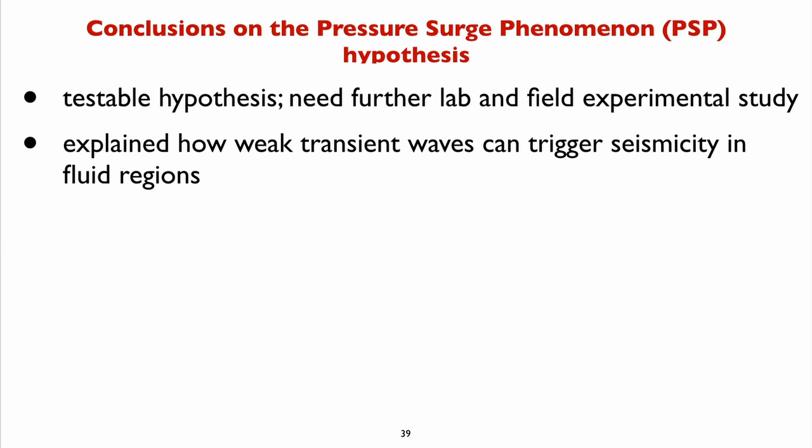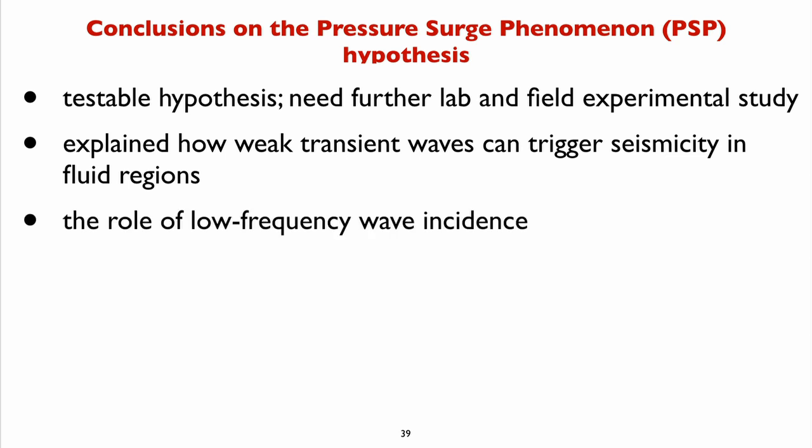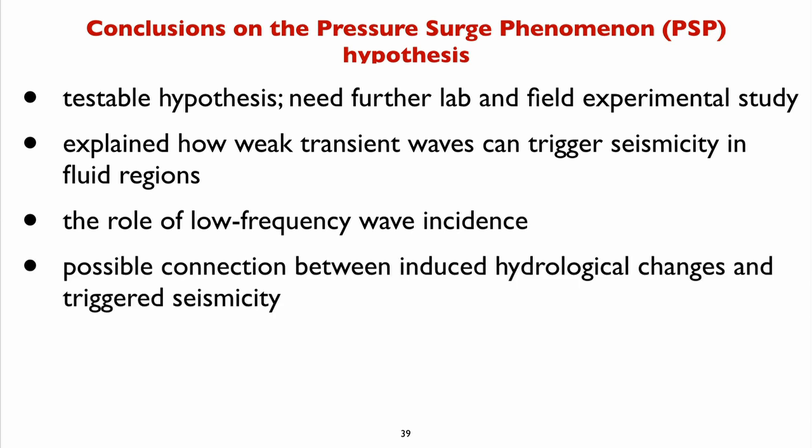It explains how a transient wave can trigger seismicity in fluid regions, and it also shows there's a frequency-dependent effect. It shows that all these natural phenomena are probably connected to each other. They are not isolated, like increased permeability, earthquake triggering, etc.